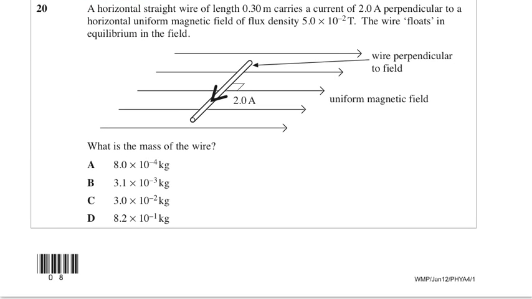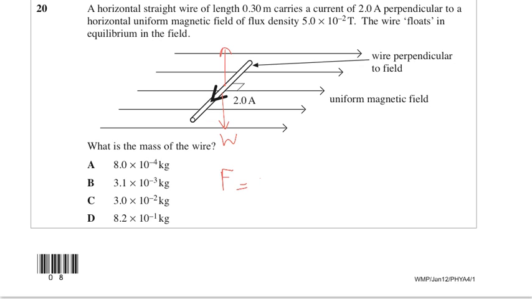A horizontal straight wire of length 0.3 meters carries a current of 2 amps perpendicular to a horizontal uniform magnetic field of flux density this. The wire floats in equilibrium, which must mean the weight force essentially is equal to the magnetic force.